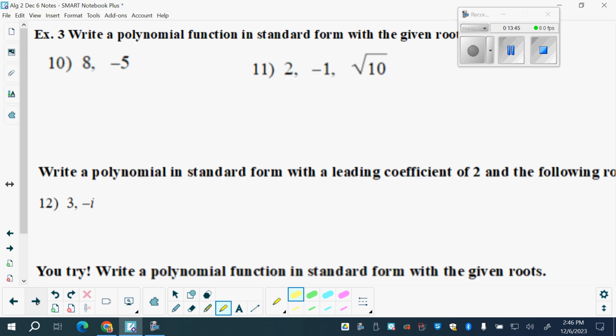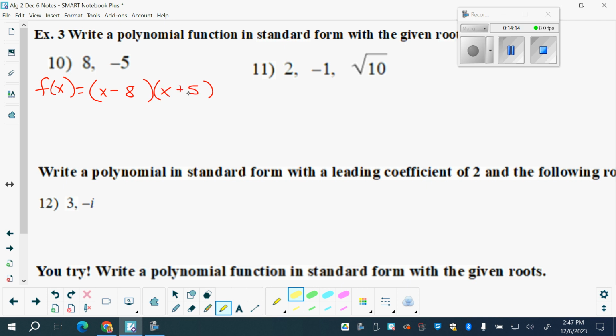Okay, this is where it's going to get a little harder. You want to pay attention to this. Okay, so first what we're going to do to write the polynomial in standard form is we're first going to write it in factored form. So what would the factored form be for this one? x minus 8 times x plus 5.